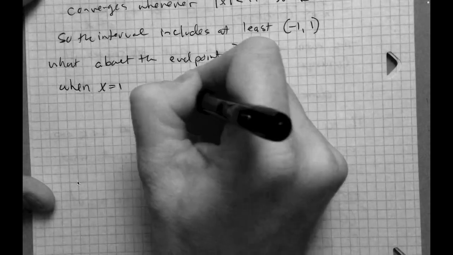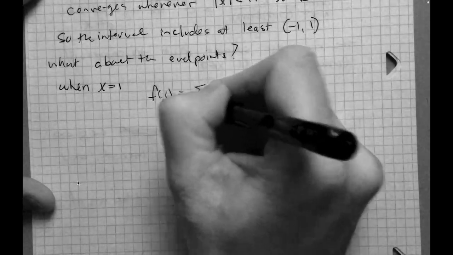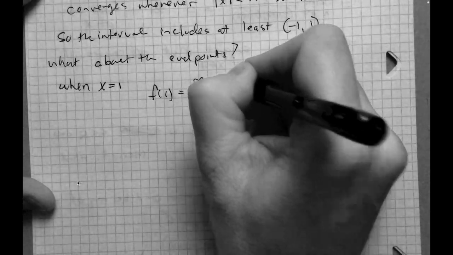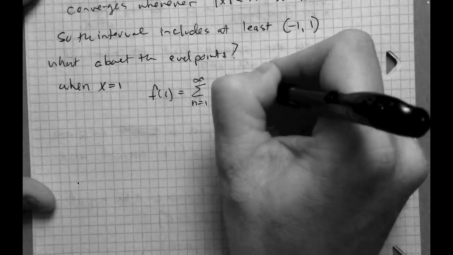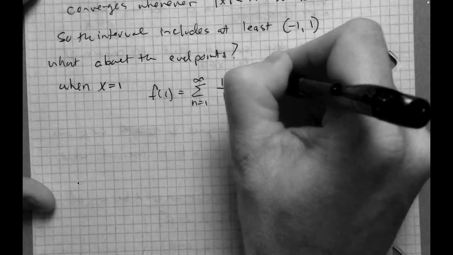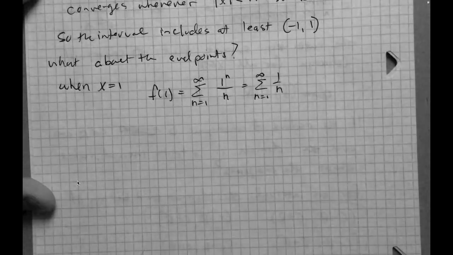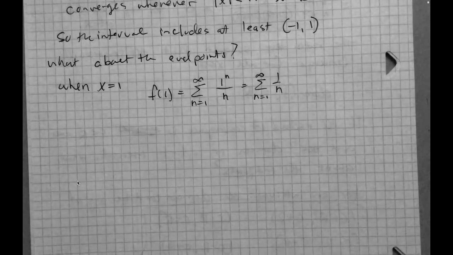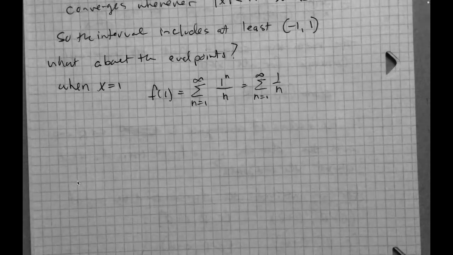So f of 1 would be equal to the sum from n equals 1 up to infinity of 1 to the nth power over n, which is equal to the sum from n equals 1 to infinity of 1 over n, right? So the nth power doesn't matter on a 1. And so what happens here? This is a divergent p-series, isn't it?